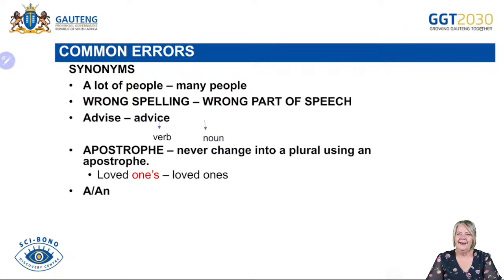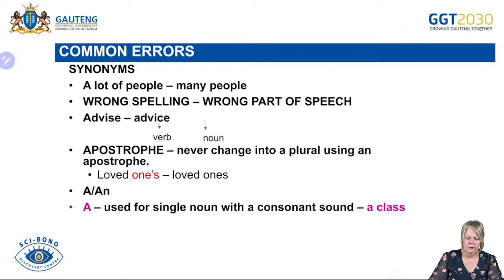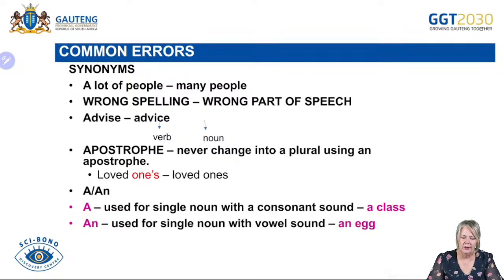And then a and an, the articles. Remember, a is used for a single noun with a consonant sound. A class, a flotilla, a chair. Okay? And it has a consonant sound. Remember, in this case, it has everything to do with sound and not necessarily how it's spelled. Because an is used for a single noun with a vowel sound.